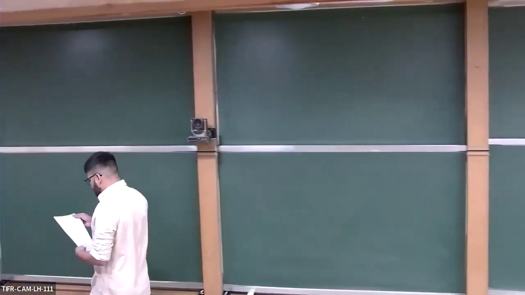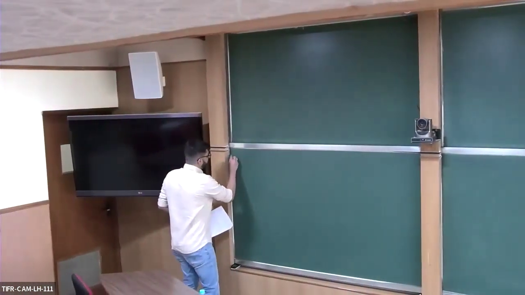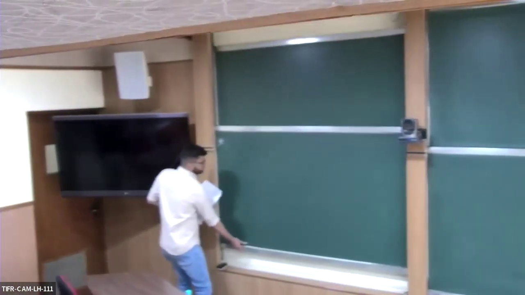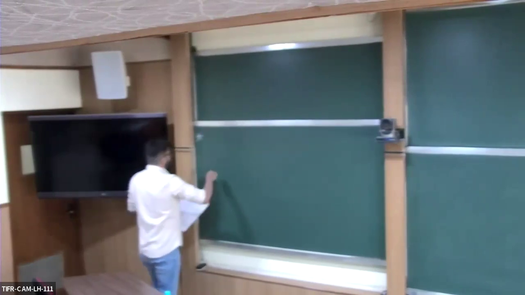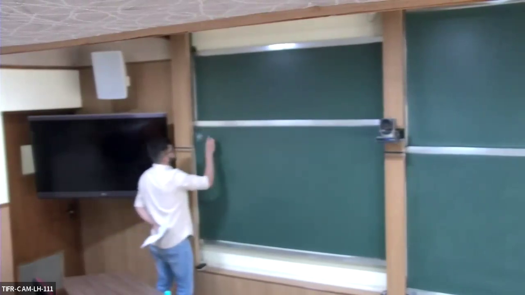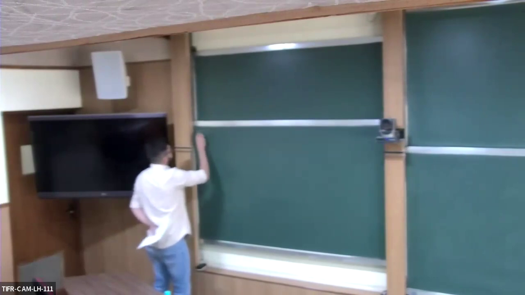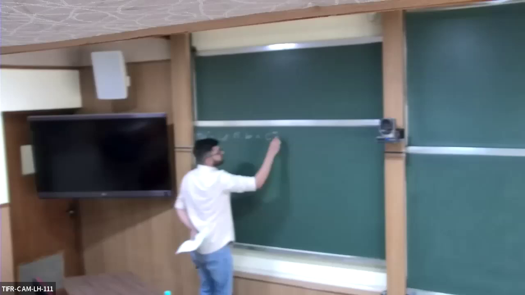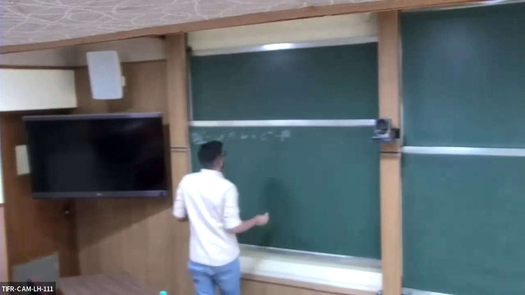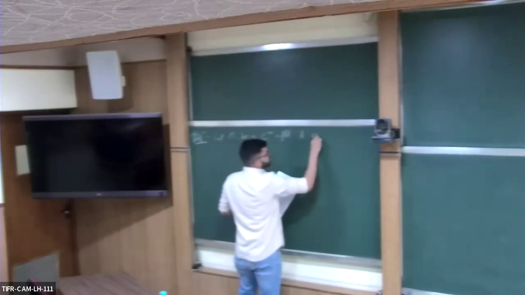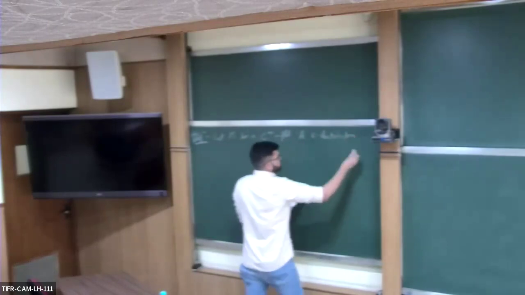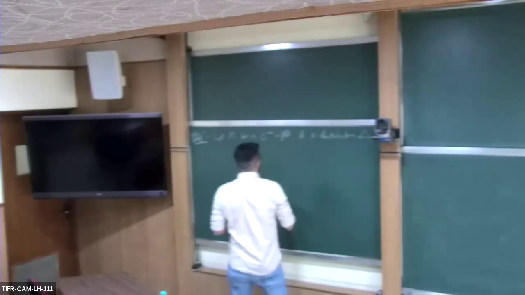Okay, let me start with the definition of what a k-distribution is. Let's denote it by delta.